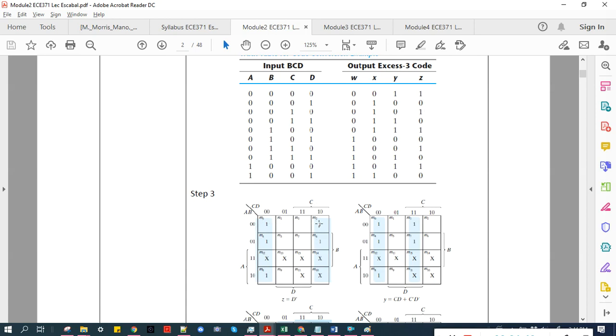So minterm 0, 1, 2, we'll write 1 here, leave blank for 3.